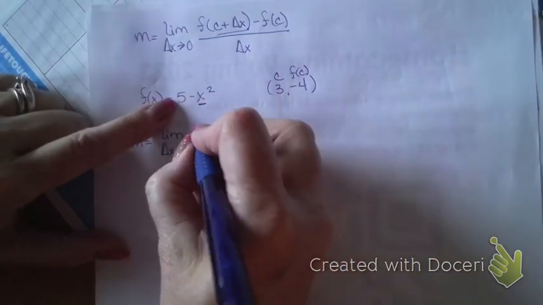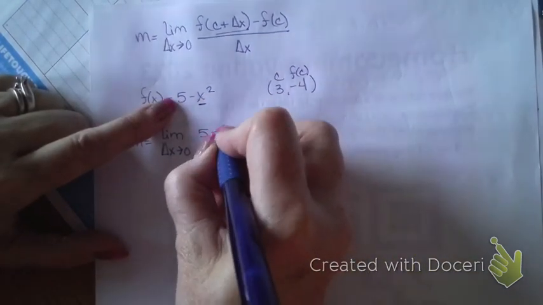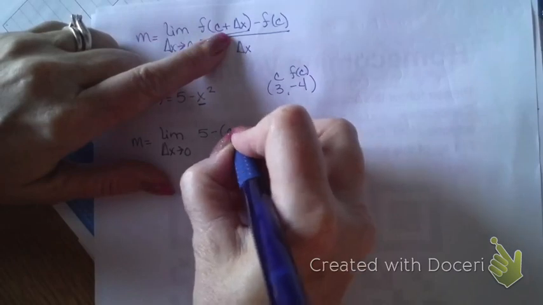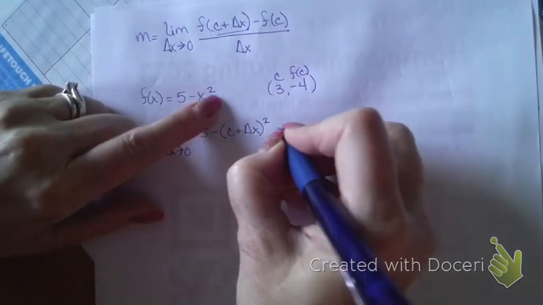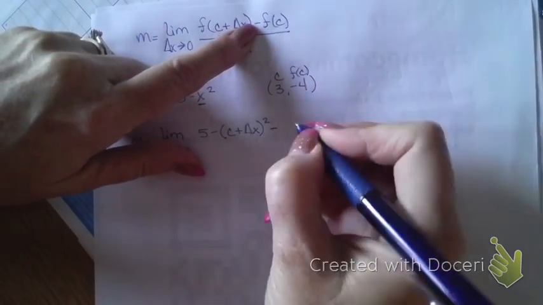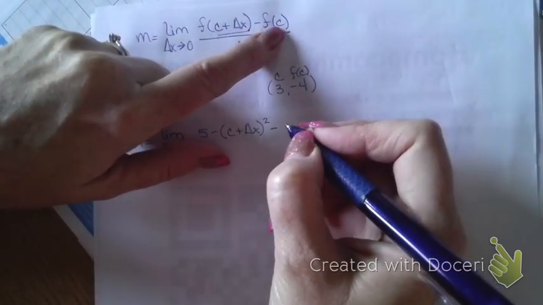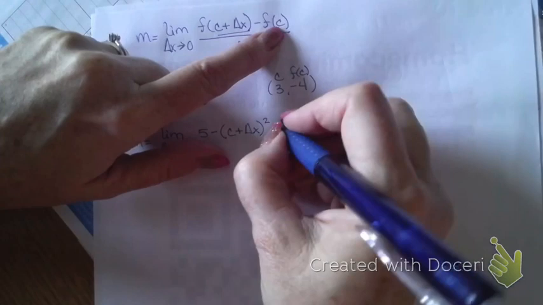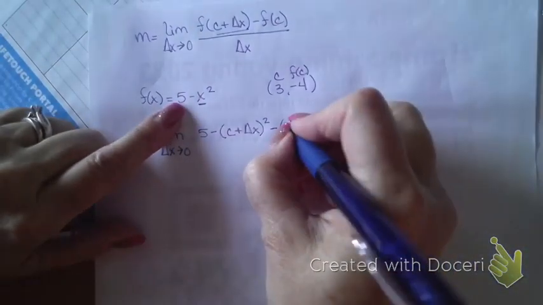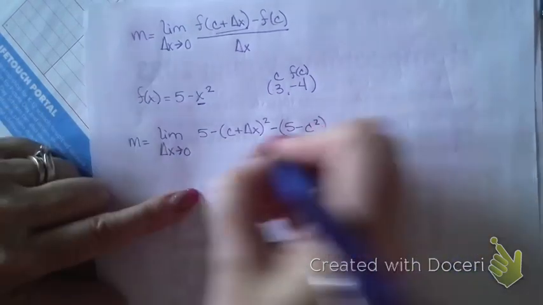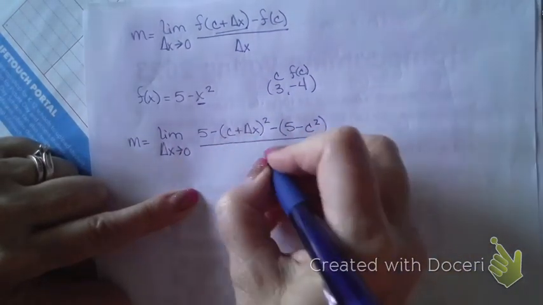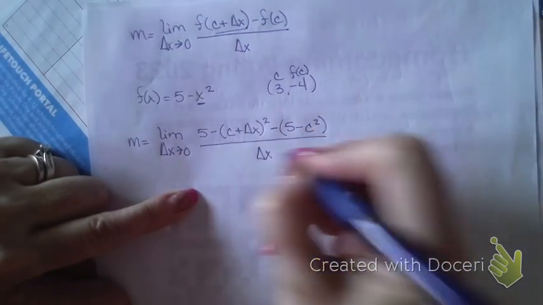So 5 minus c plus the change of x squared, minus f of c. So now we plug in c. So 5 minus c squared, all over the change of x.